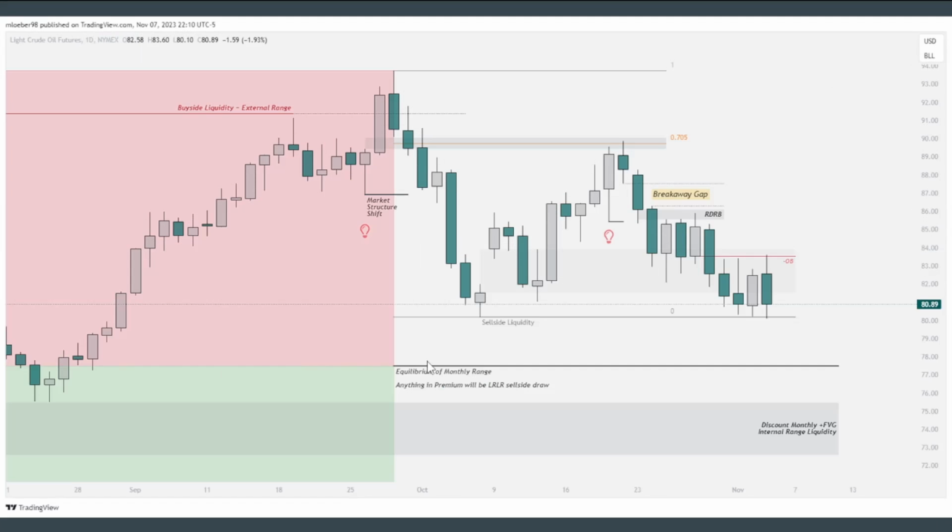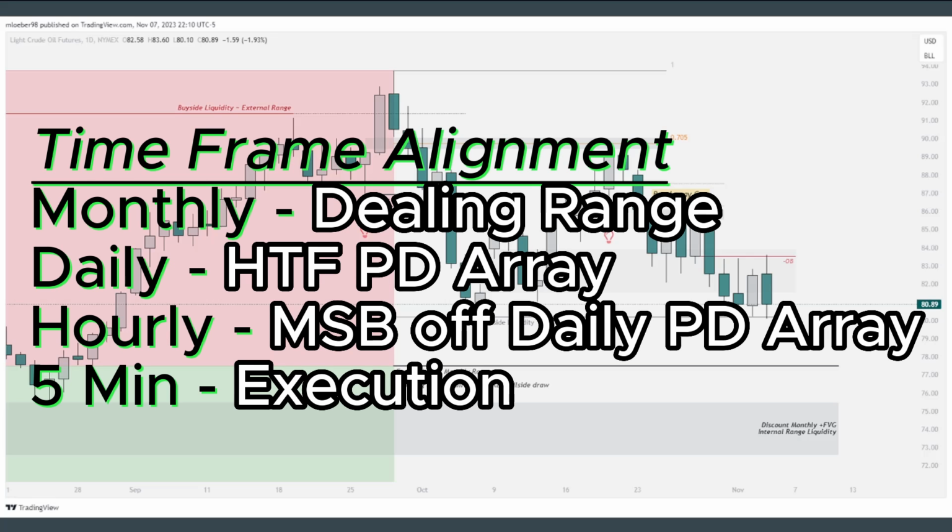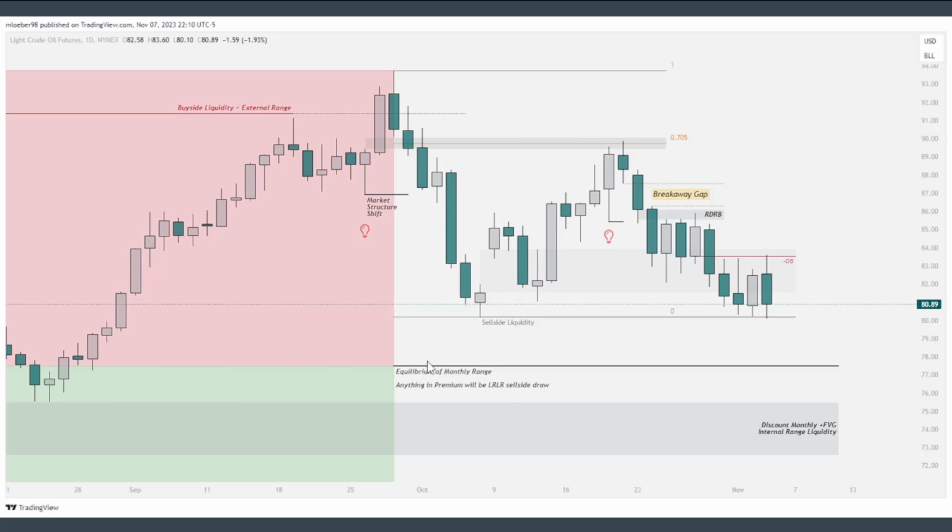Now, using time frame alignment, I will be going over the monthly, now down to the daily, and then below that we'll be doing the 1 hour and then the 5 minute. So now we're on the daily chart. After price ran our external range liquidity on the monthly chart, we had a daily shift in market structure.